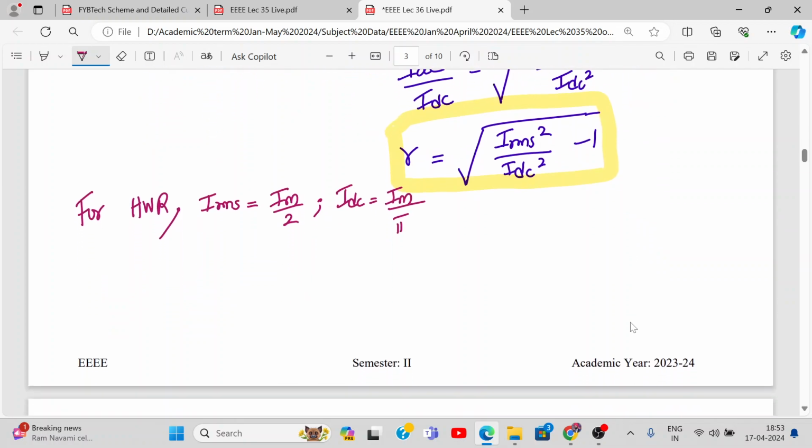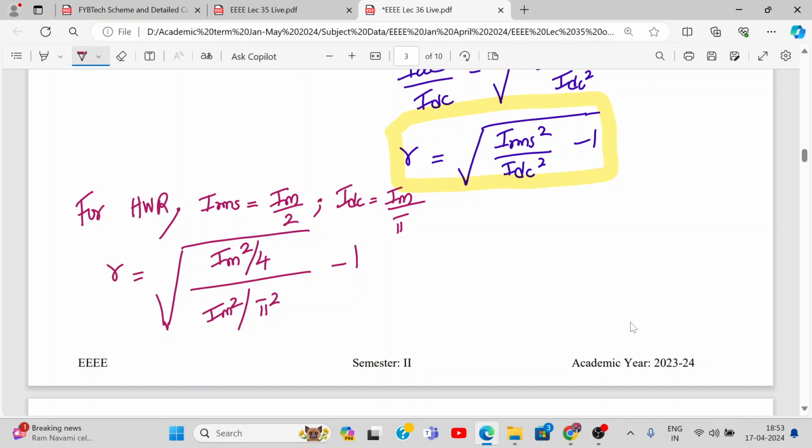So substitute these values over there, you will get r is equal to square root of Im square by 4 divided by Im square by pi square minus 1. So it's basically square root of pi square by 4 minus 1. How much is it, calculate? How much is pi square by 4 minus 1, the whole root of?